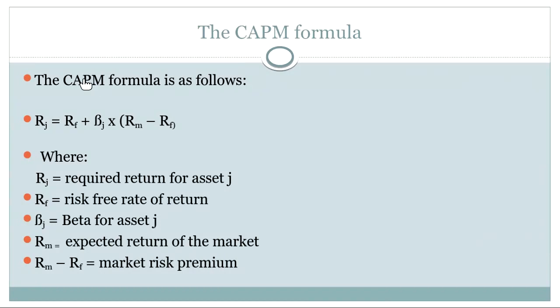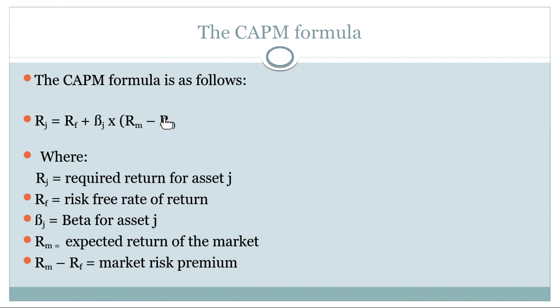So it's important that you understand what it is calculating, which is the required rate of return for an asset, is equal to the risk-free rate of return in my market as a whole, plus the beta for my asset that I'm trying to measure, multiplied by the expected return of the market as a whole, minus the risk-free rate of return of the market.